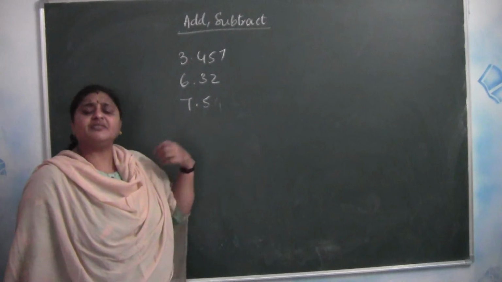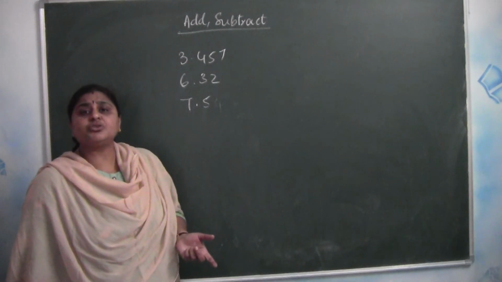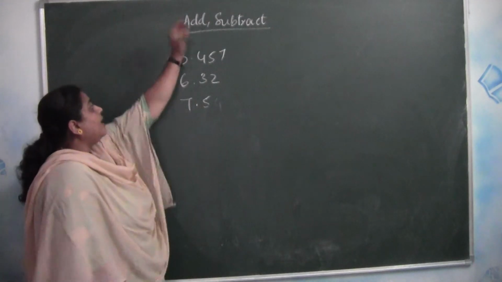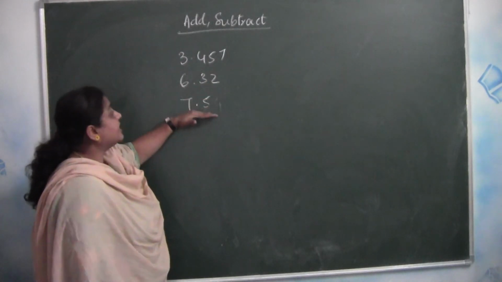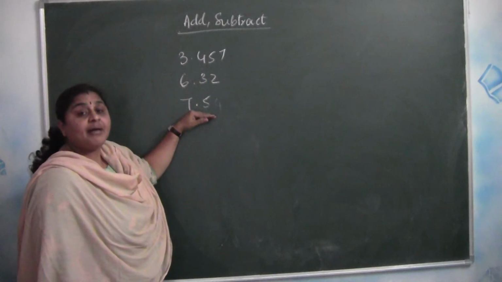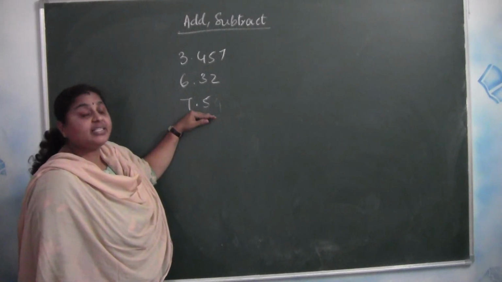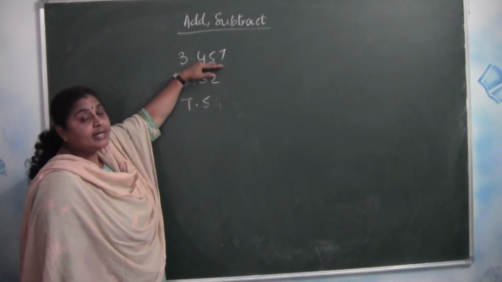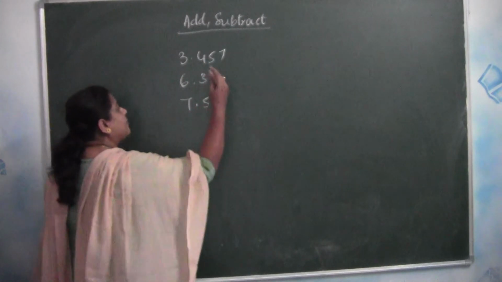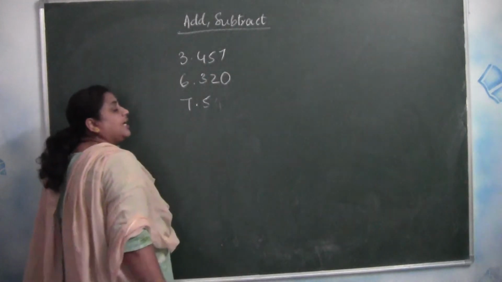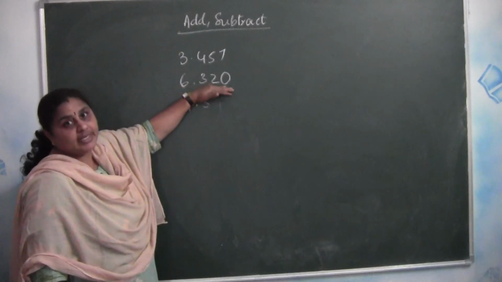Now what to do to convert these unlike decimals to like decimals? Let us see the highest one. Among these 3 decimals, which decimal number has the highest number of digits? This one, with 3. Now here there are 2, so I am going to add one 0 in order to make 3 digits.